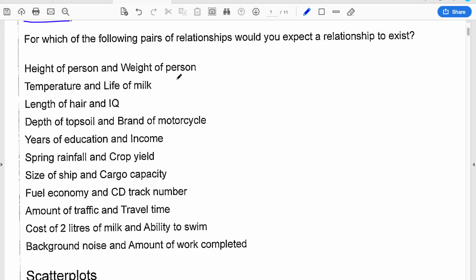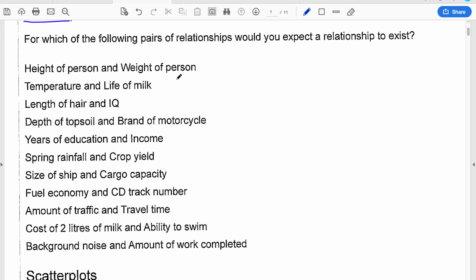So basically, yes, if you've got, say, a 30-year-old and you record their weight, and then you come across, say, a 2-year-old and you record their height and their weight, you're going to see that there's going to be a big difference. There's going to be a larger height equating to a larger weight, and that's really because a lot of that is associated with age.